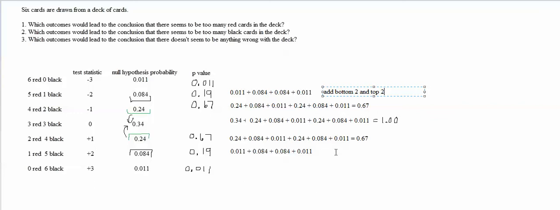Here we did the same thing. Here we added the bottom 3 and the top 3. Here we did the same thing.